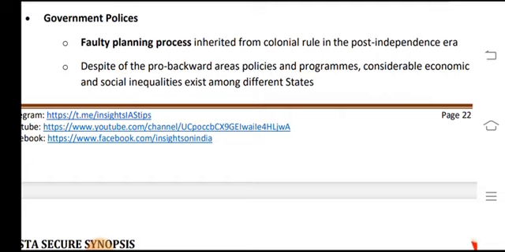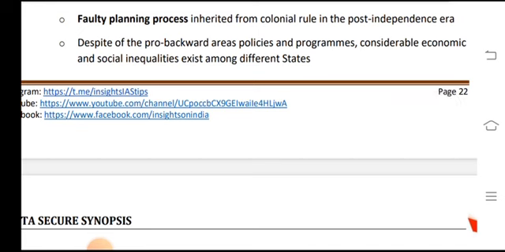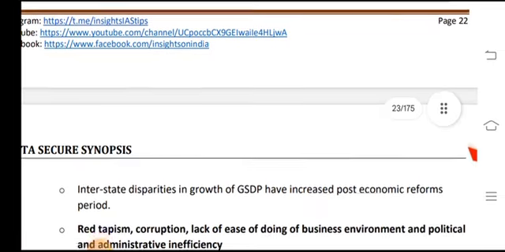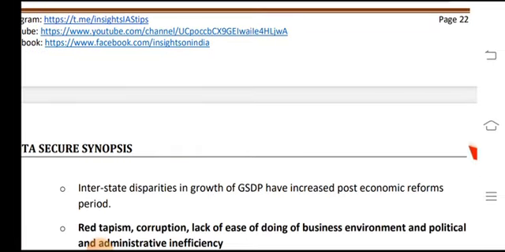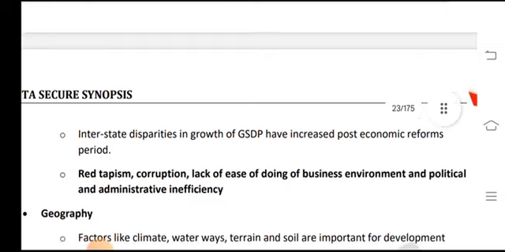In the post-independence era, despite pro-backward-area policies and programs, considerable economic and social inequalities exist among the different states. Interstate disparities in growth of GSDP have increased in the post-economic reforms period. Red tapism, corruption, lack of ease of doing business, and environmental, political and administrative inefficiency.